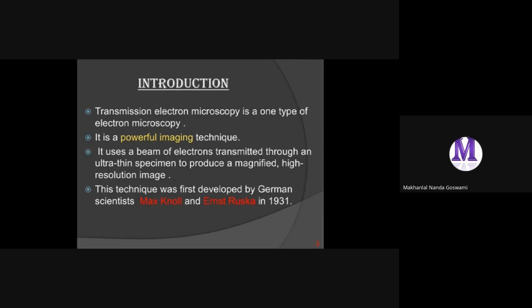TEM is widely used in many fields. This technique was first developed by German scientists Max Knoll and Hans Ruska in 1931. Later, Hans Ruska was awarded the Nobel Prize in Physics in 1986 for his work in the development of TEM.